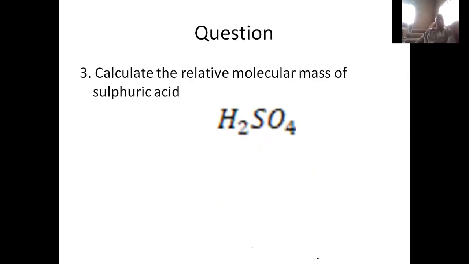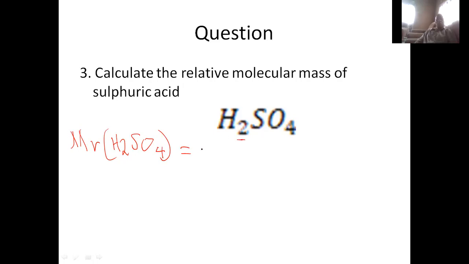We can do the final question. Calculate the relative molecular mass of sulfuric acid. And so here we have sulfuric acid. We need to calculate the relative molecular mass for sulfuric acid. We do it by looking at the subscript.